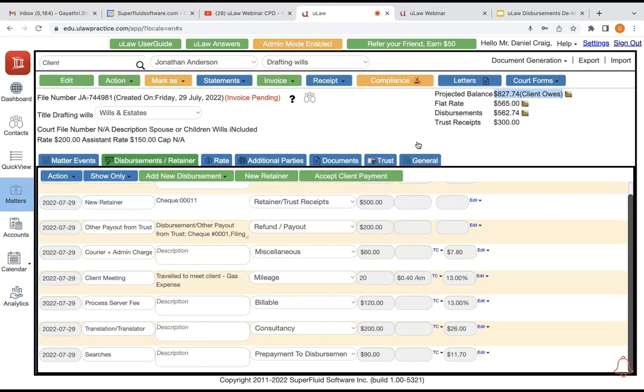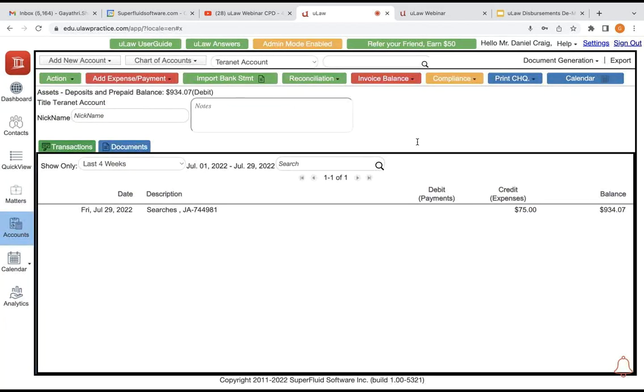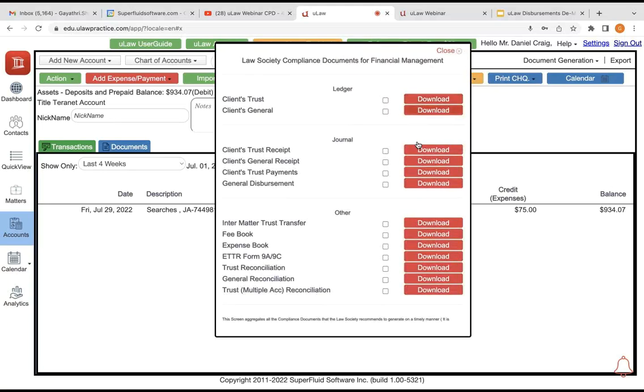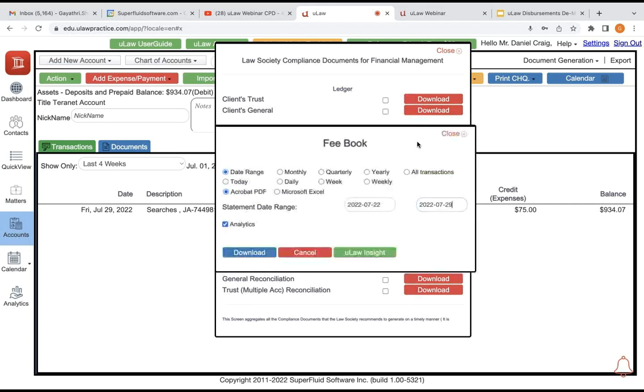So if you have a practice management or a legal accounting system that is going to help you capture the details then and there and ensure your client ledgers are also actively recorded, just to not miss what we just saw, going to accounts, monthly compliance, most importantly, the client's trust ledger, general ledger, and the 4 journals and the fee book.